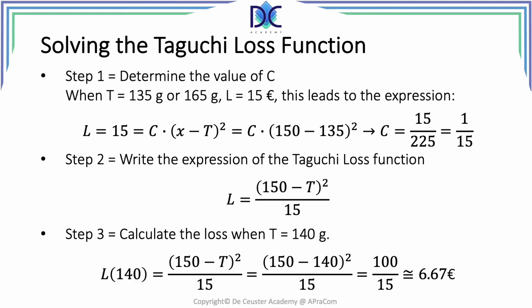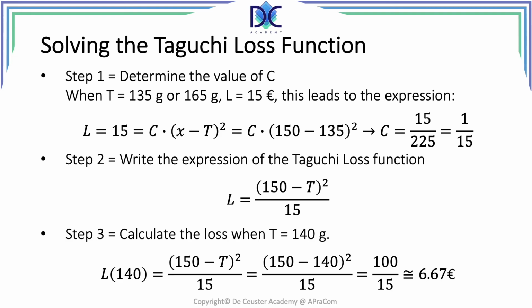The Taguchi loss function is a very good indication to show what happens when we deviate too much from the central value. And it can give us an indication when we do quality improvements. For example, let's say we typically have 140 grams, on the other side of the border. So we can in fact estimate, when we reduce the variability of the process, even within the same upper and lower control limits, how much savings we have.